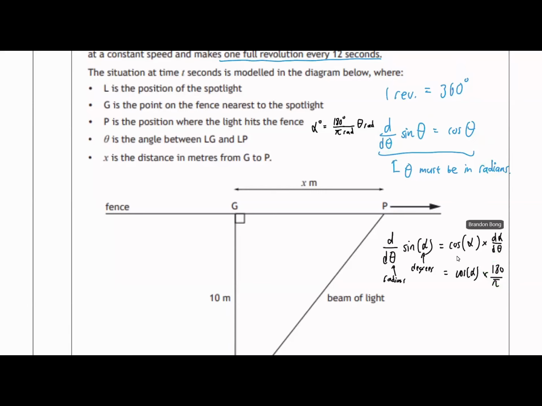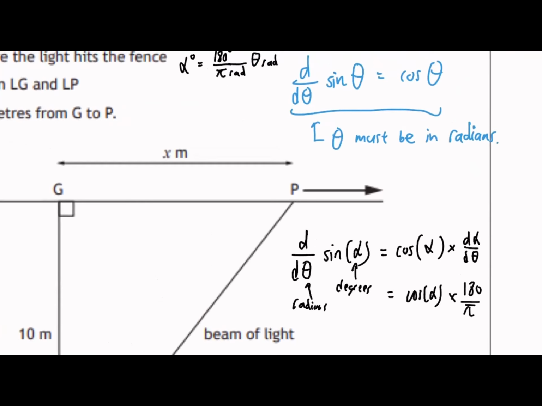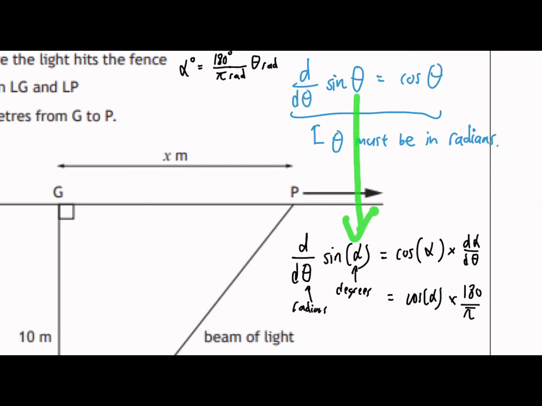Okay, so you differentiate this, then you differentiate the inside of this. Like if you start off with sine of alpha instead of theta, where alpha is in degrees, or any other letter, I use alpha because I like alpha.